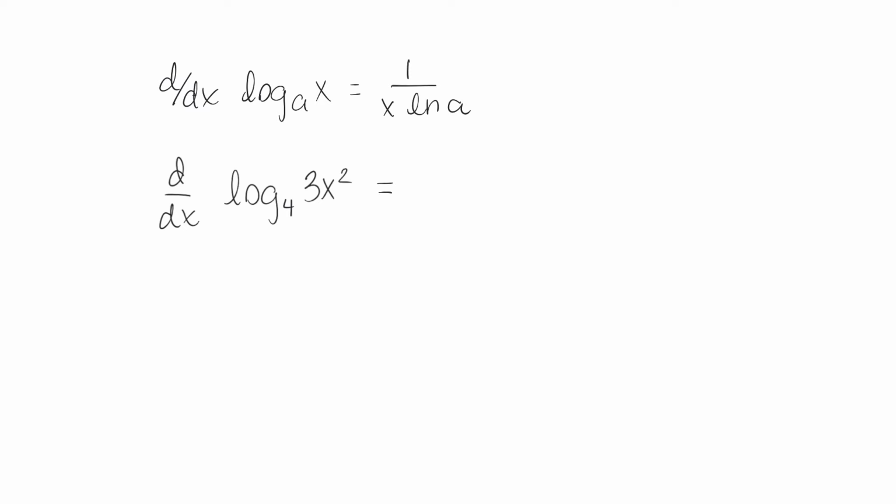All right, so 1 over x, our x here is 3x squared, times the natural log of a, which is 4. Chain rule, take the derivative of 3x squared, which is 6x. Okay, clean it up.